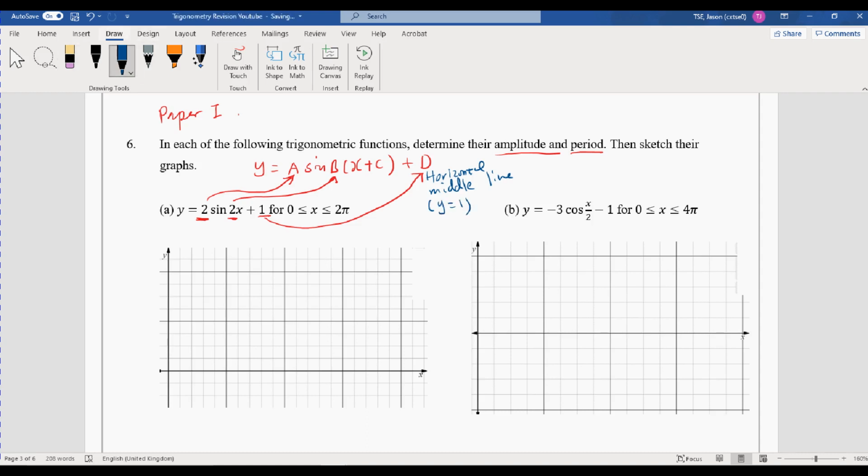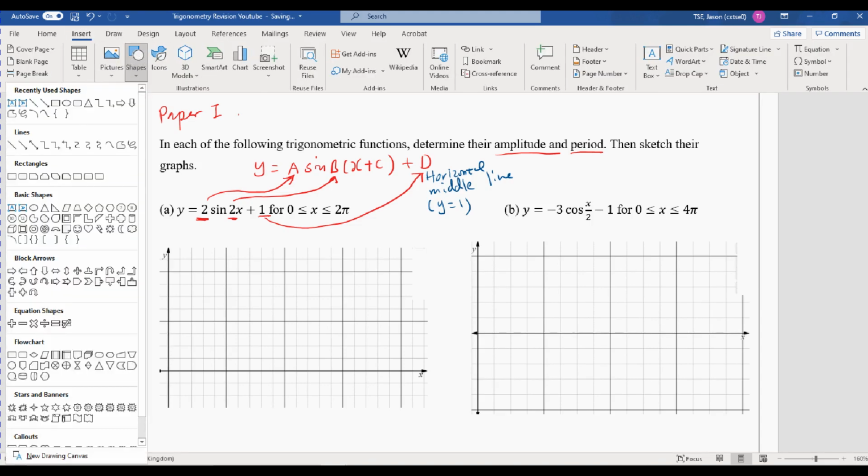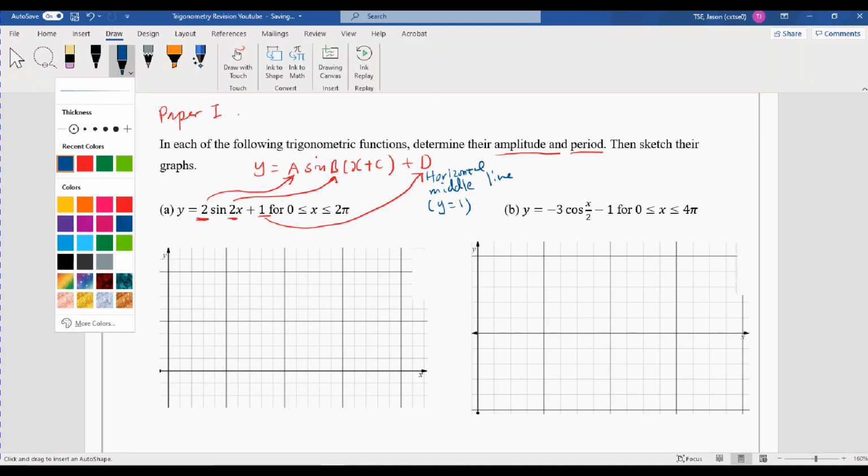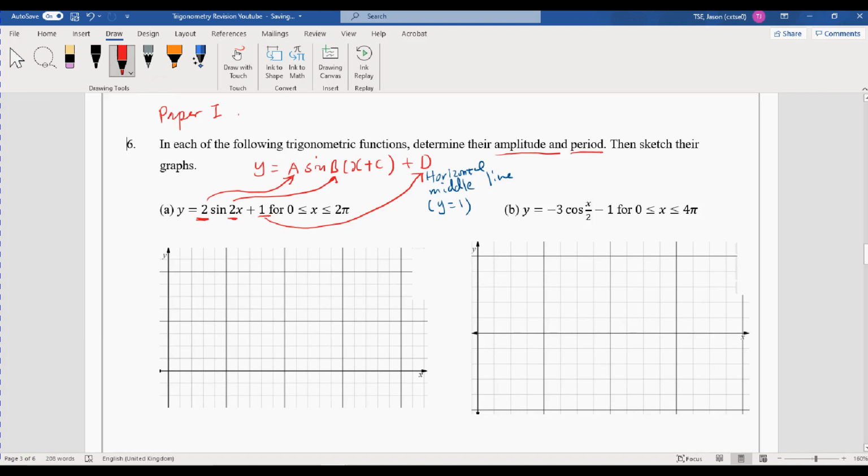So the middle line here is y equals 1. Let's first draw it. Oh, I forgot I need to get a number.